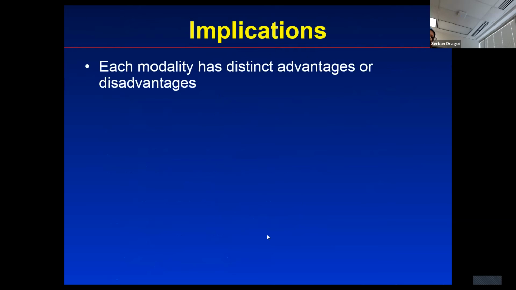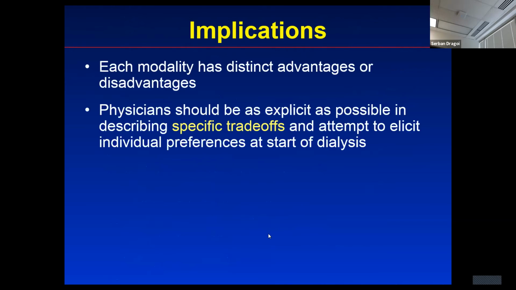And we have to remember that each modality, HD versus PD, has distinct advantages and disadvantages, and there are submodalities as well. So physicians should be as explicit as possible describing these trade-offs and trying to help the patient make this very difficult decision.